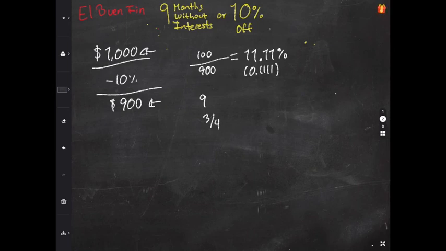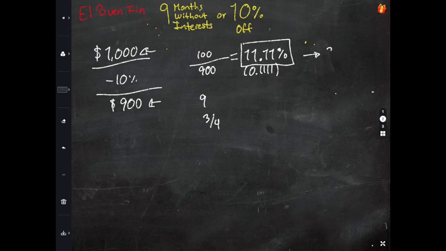And since we know that all of the rates should be expressed in percentage and in annual rates, we need to convert this 11.11 into the annual equivalent. And that would be as simple as making the rule of 3, which would be this 11.11 is equal to 3.